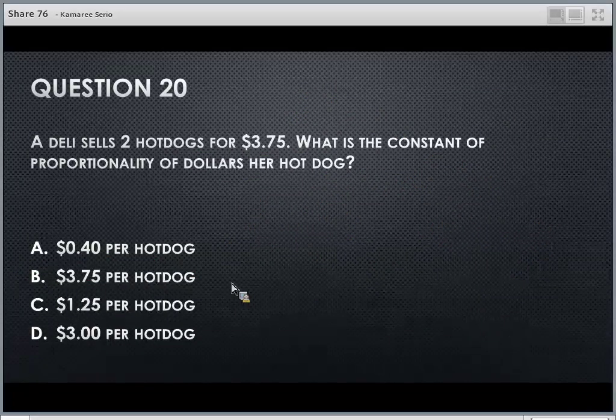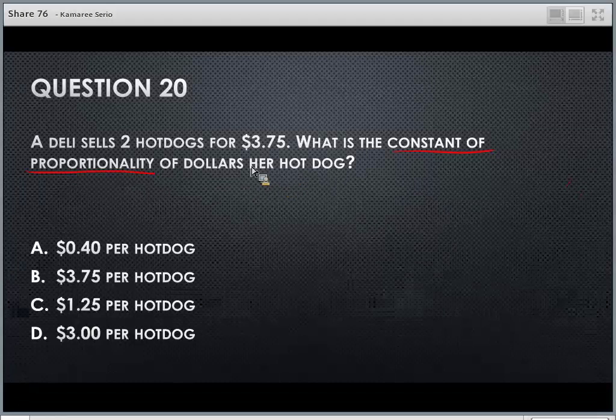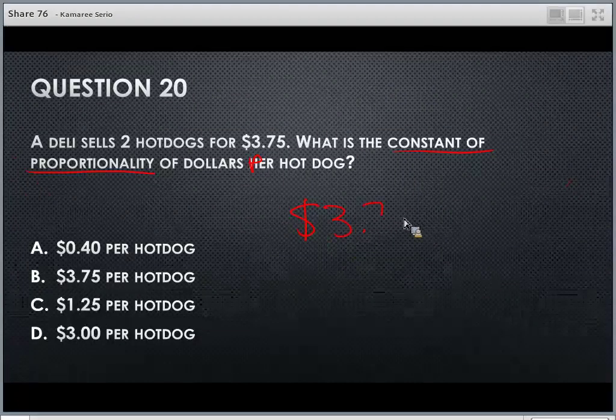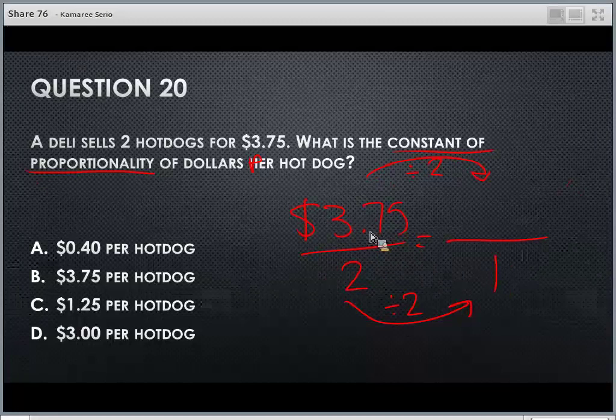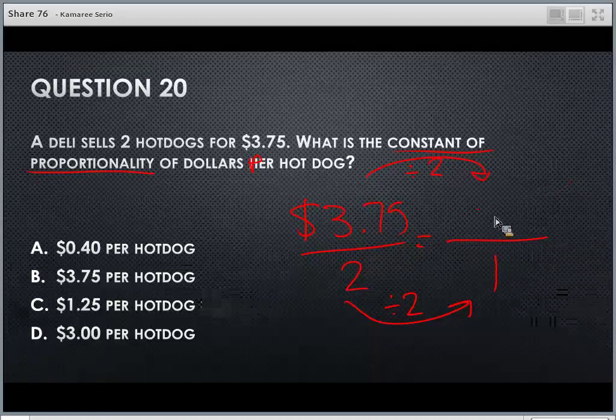A deli sells 2 hot dogs for $3.75. What is the constant of proportionality of dollars per hot dog? Remember, money, again, always goes on top. $3.75 divided by 2 hot dogs. So I'm going to divide by 2 and divide by 2. When I take $3.75 and divide it by 2, I get $1.88.